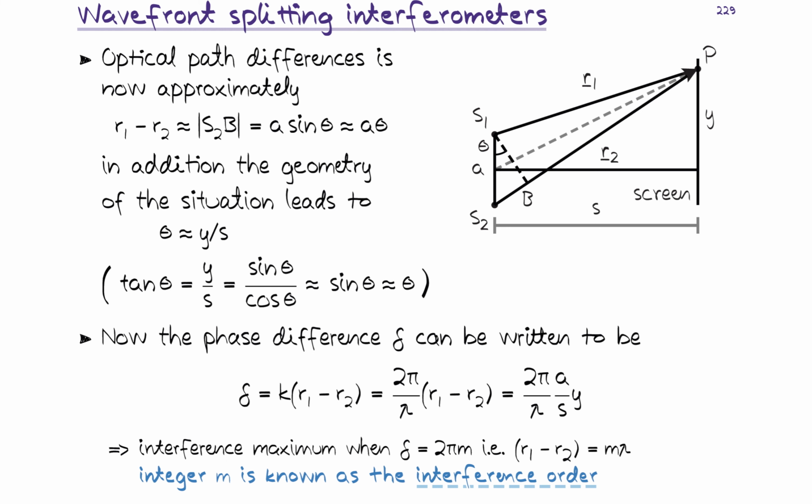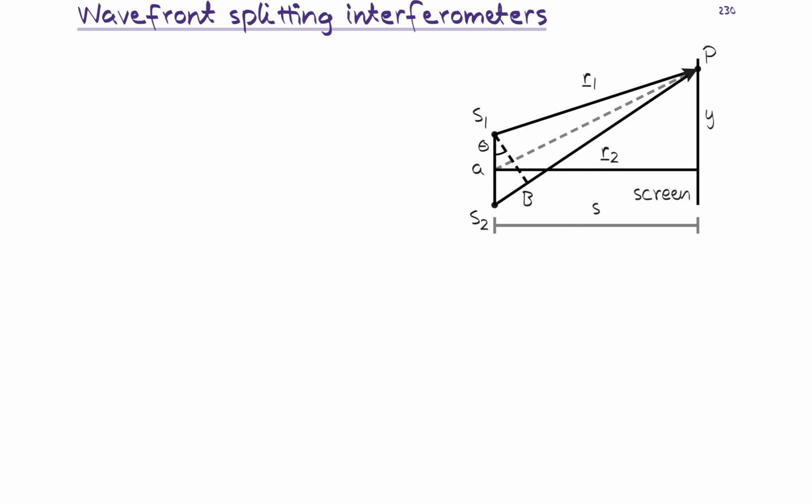So depending on the order of interference, we have constructive interference. This is a condition that tells us at what wavelengths we will see constructive interference, and as we change the integers, we see constructive interference at different wavelengths.